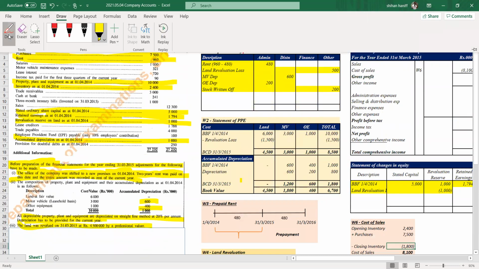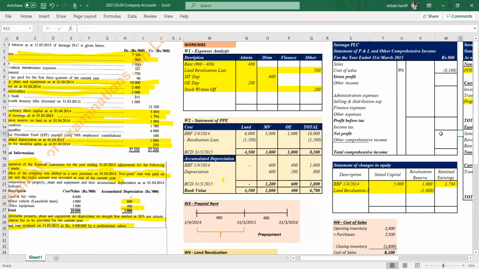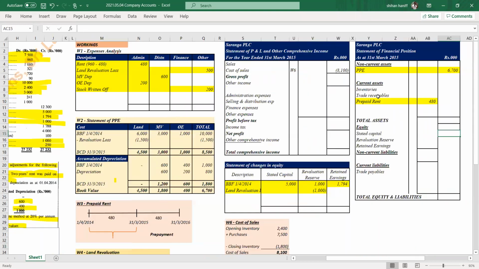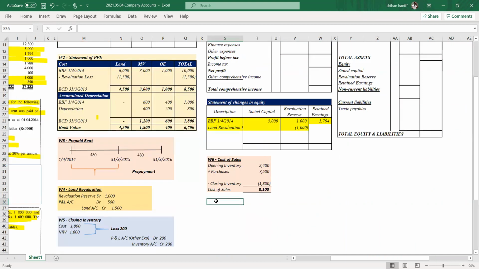Check the trial balance. Trade receivables 3,000. Provision for doubtful debts 250. So 3,000 and 250. Let's take as another working number 7.